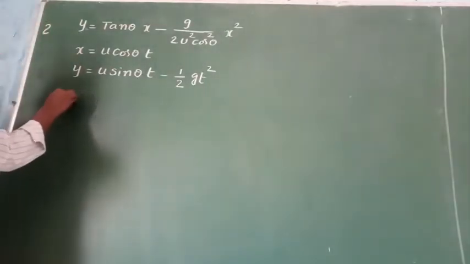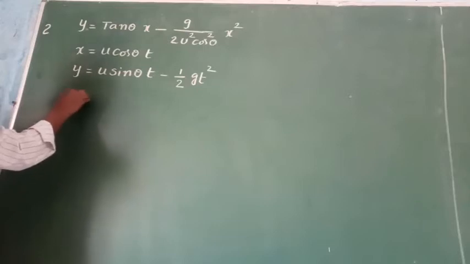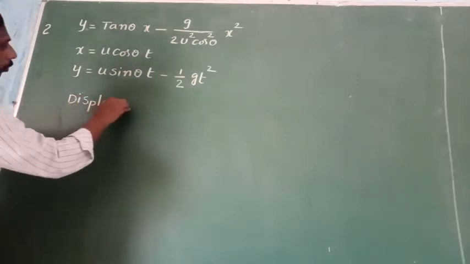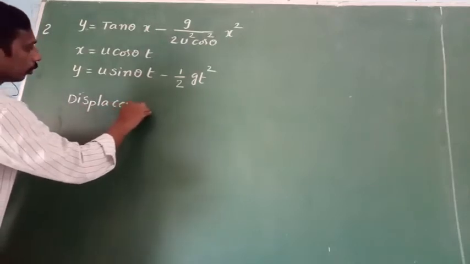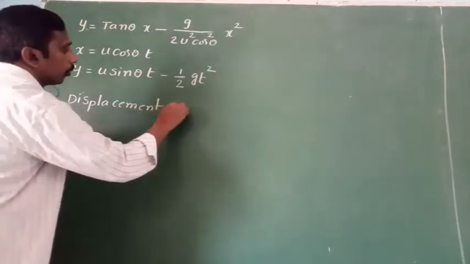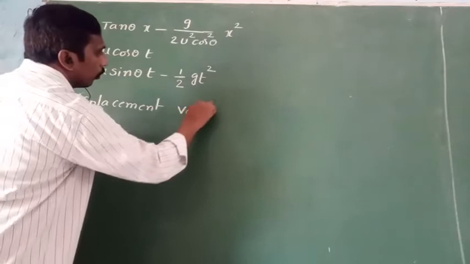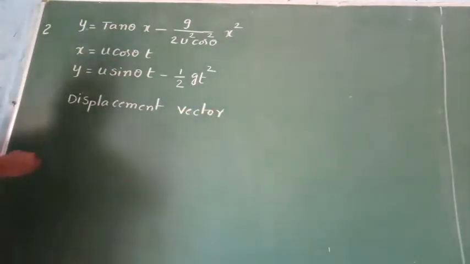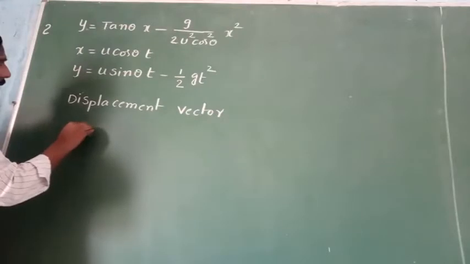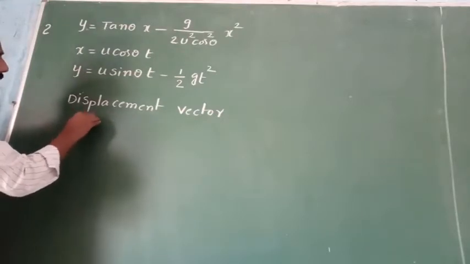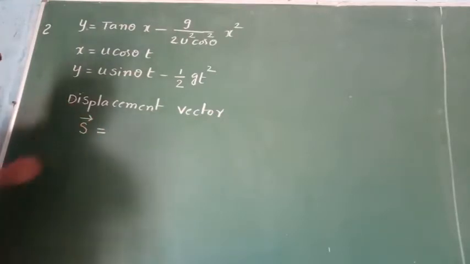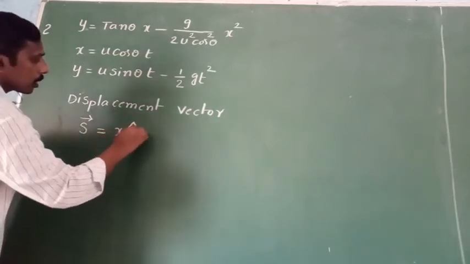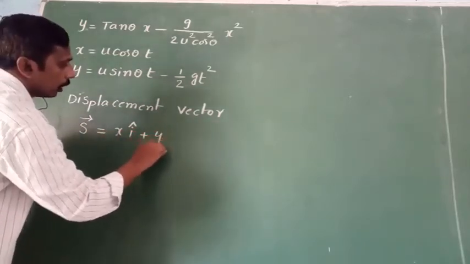So after this we write the displacement vector. The displacement vector s bar is equal to x into i cap plus y into j cap.